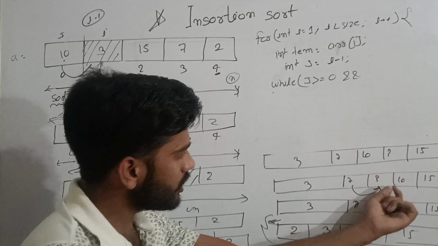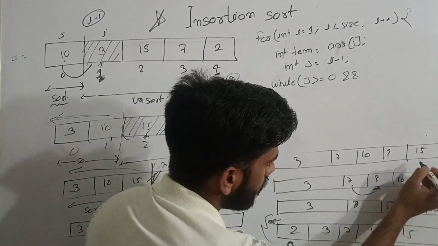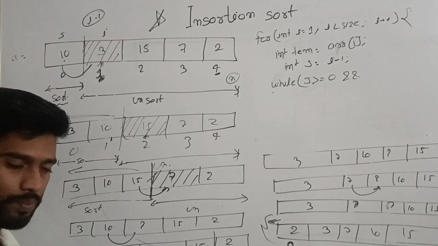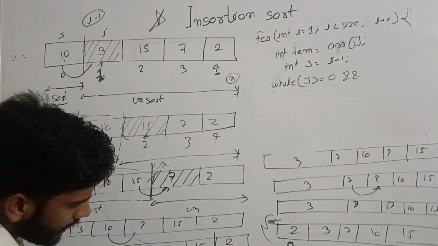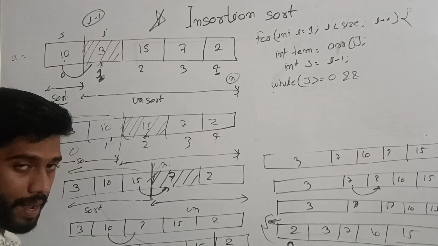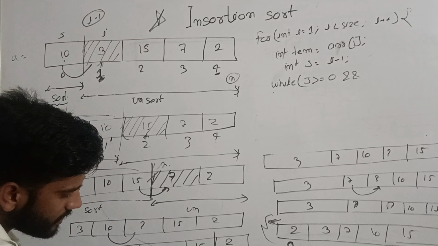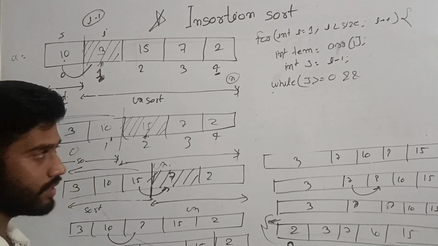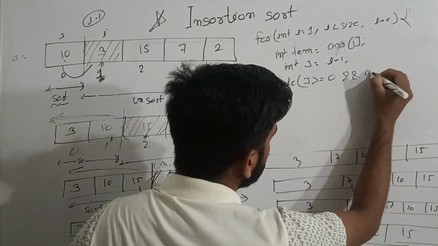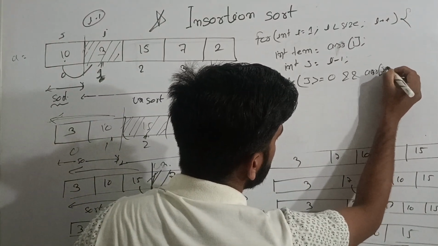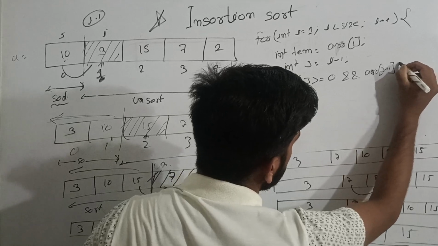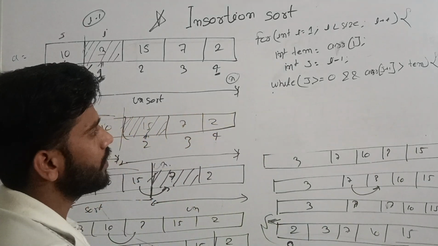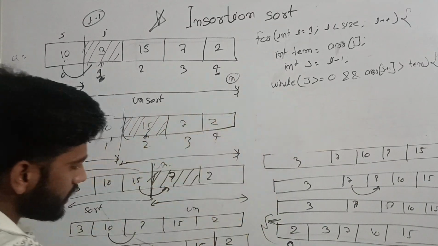Here, for example the 2 at the last position is stored in temp, and while the array of j is greater than temp, meaning array of j plus 1 is greater than the temp, we have to shift this data.